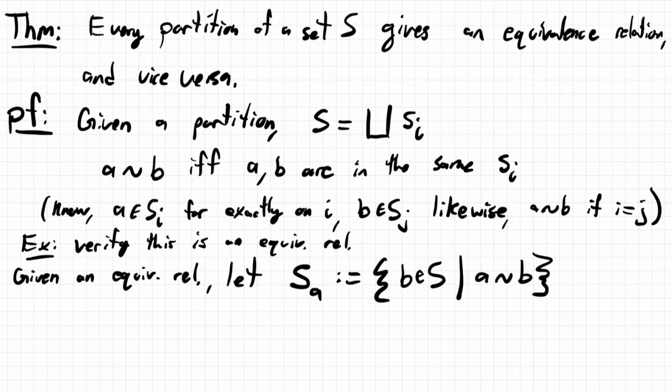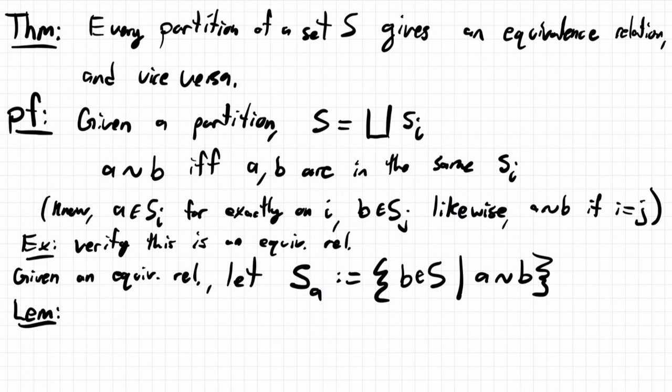And then what we need to show is that these S_A will be a partition. In particular, what we can show is that if A is equivalent to B, so this is a lemma, or it can also be an exercise.